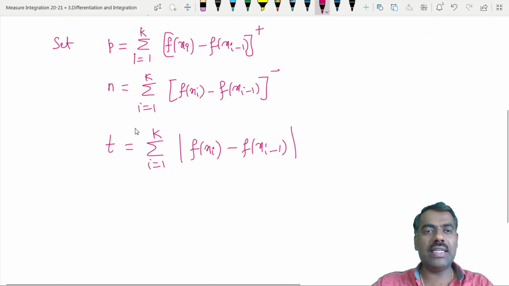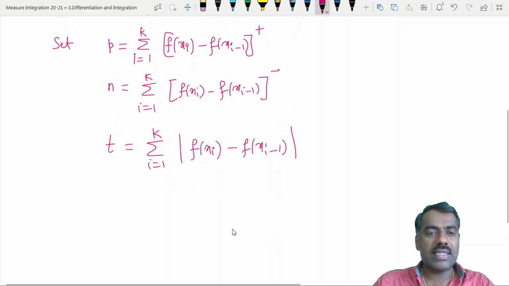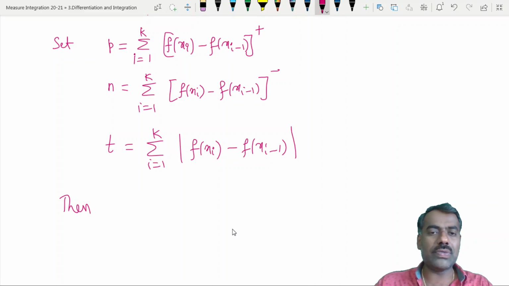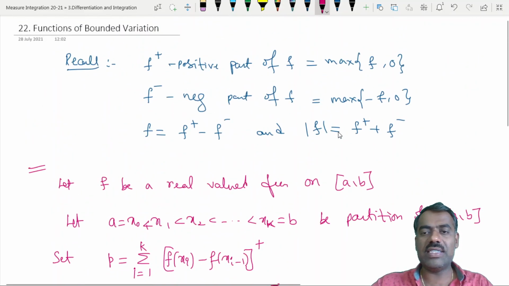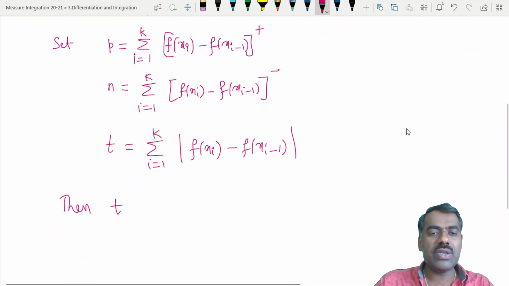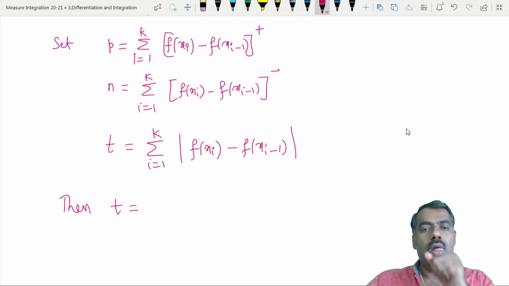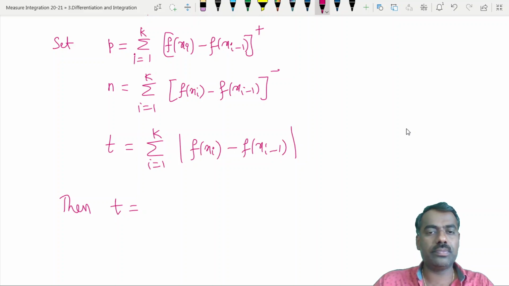Now you can observe the relation between p, n and t. Mod of f of xi minus f of xi minus 1 is the same as, because mod f is the same as f plus plus f minus, right? So therefore t you can write as p plus n. Is that clear? Yes or no?